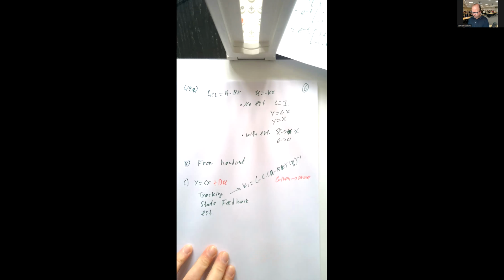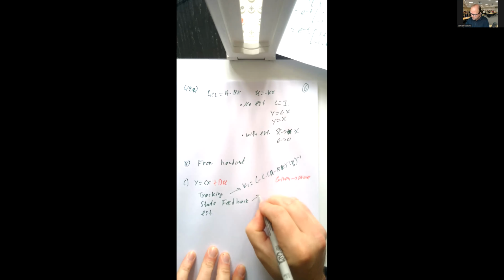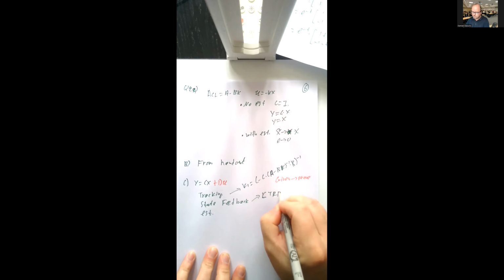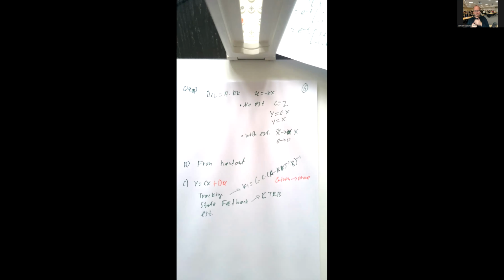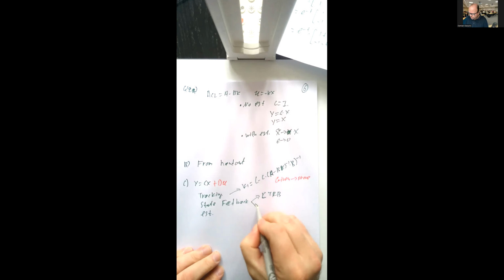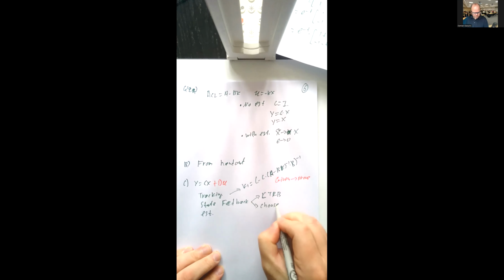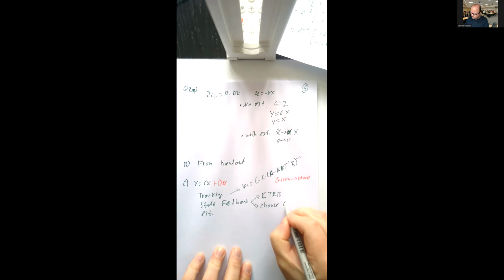Then going to the state feedback, we all know that there are only two steps here. The first step is to check the controllability. So what you actually write here is: I'm going to prove that the system is controllable, and then choose your closed loop eigenvalues, let's call them R1 and R2.